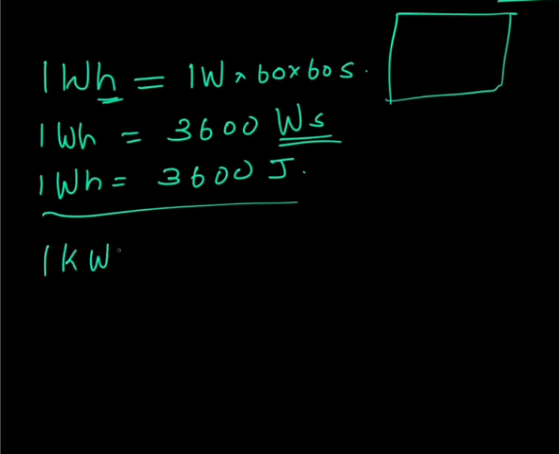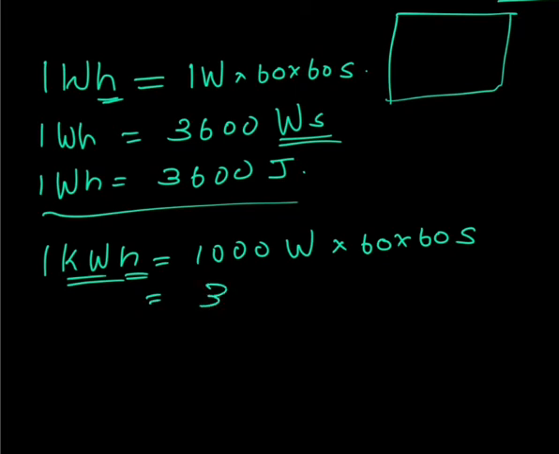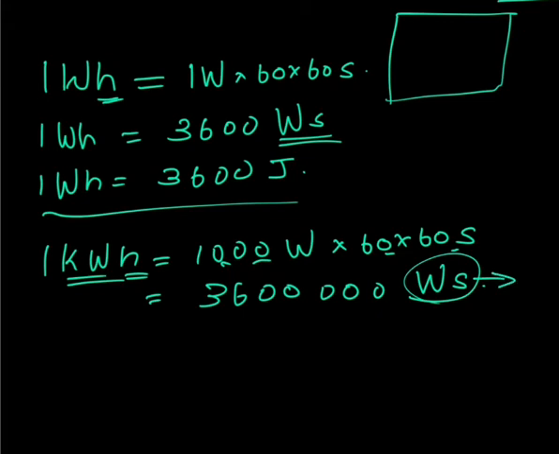Similarly, we can convert 1 kilowatt hour also. 1 kilowatt hour is equal to, so kilowatt should be converted to what? Watt. So 1000 watt, then hour to second, 60 multiplied by 60 seconds. So you got 36, 2 zeros, then 3 zeros of kilo. That much watt second. Watt second is joule.